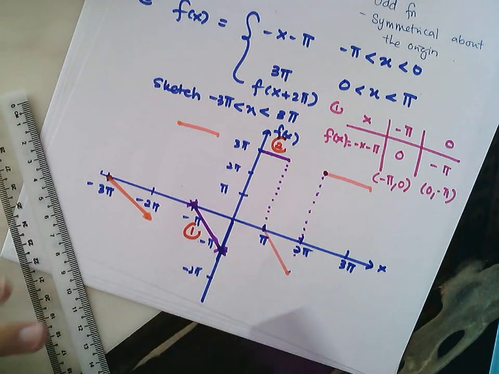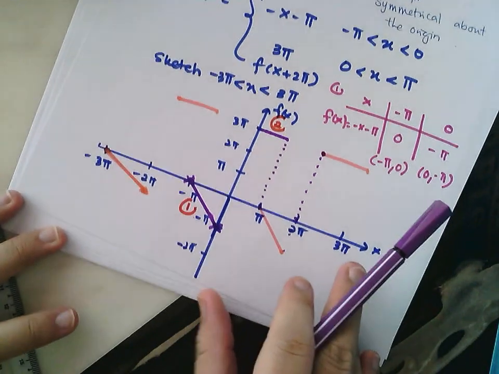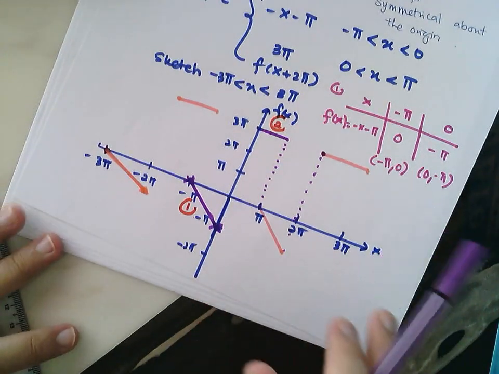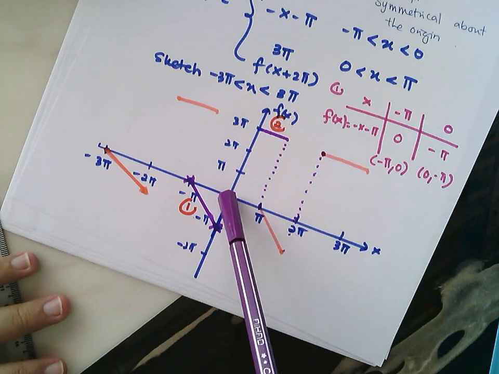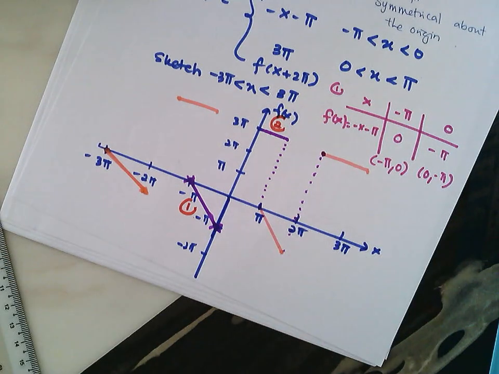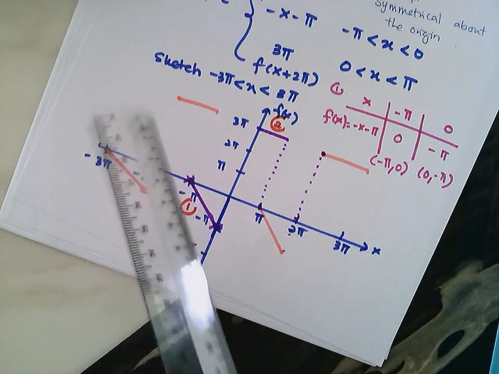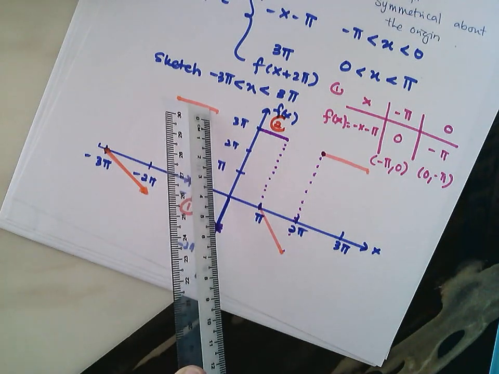By looking at this graph, this is clearly a neither function. Why? Because it is not symmetrical, either about the origin or the f(x) axis. Some students might say this is an even function because you have this side and this side, but that is wrong. This is not symmetrical.